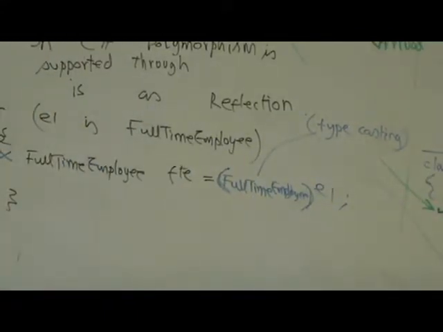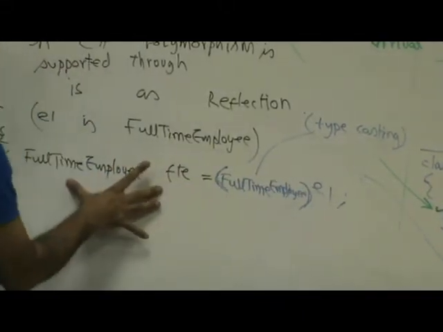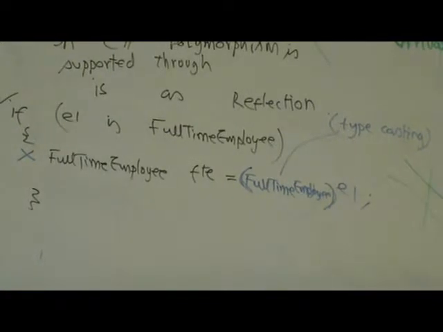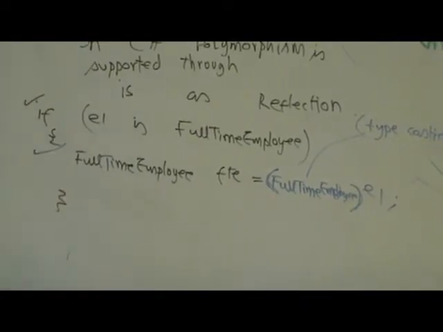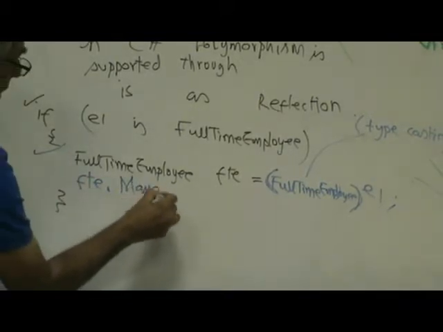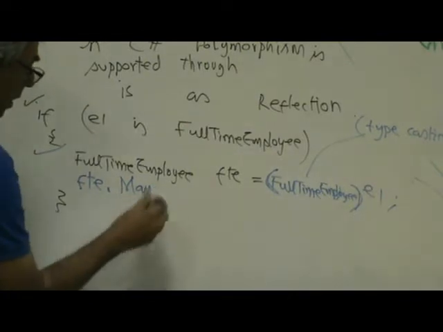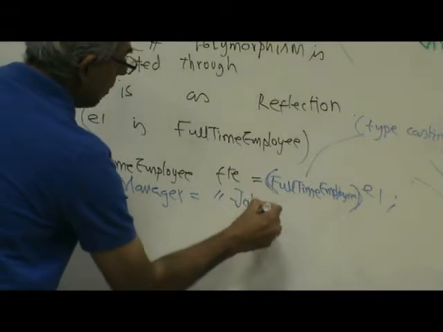The type of the right-hand side is full-time employee, and the type of the left-hand side is too, so the compiler will say, all right, this is okay. Now if we did FTE.manager equal to, let's say, Johnson, it will work.